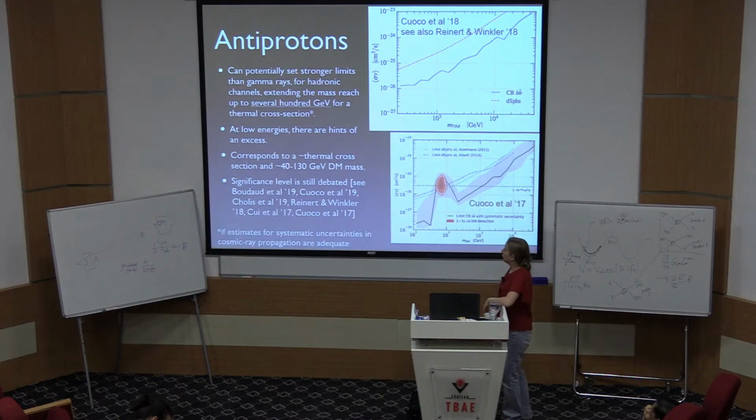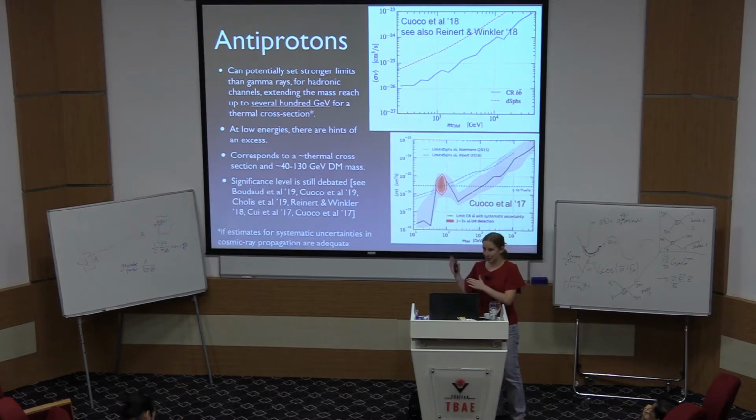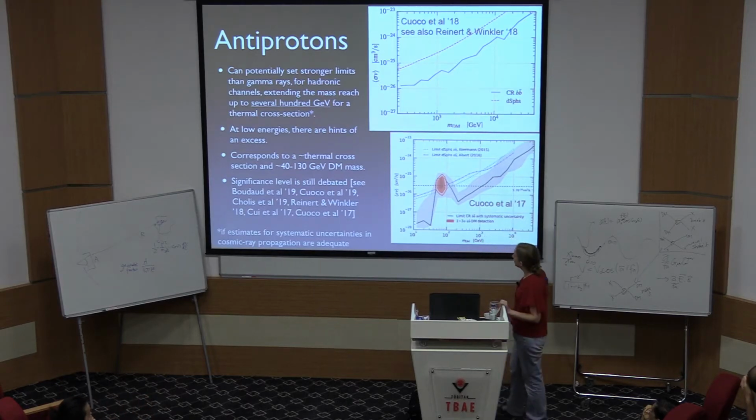So AMS also measures the antiproton spectrum, and if you think you understand the systematic uncertainties in the cosmic ray propagation, you can potentially extend the constraint on that channel up to several hundred GeV for a thermal relic cross-section. Again, the thermal relic cross-section doesn't have to be the answer, but it's a convenient benchmark. This also constrains higher or lower cross-sections just at a different mass range.